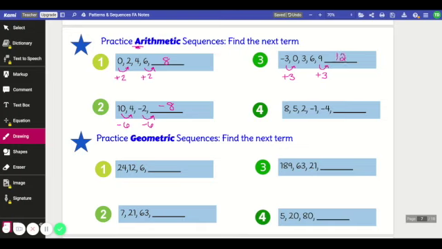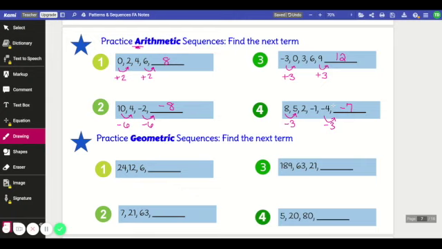The next one, number 4, it is getting smaller. So let's see, 5 minus 8, or 8 minus 5, is going to give me negative 3. So if I continue this pattern of negative 3 each time, negative 4 minus 3 is giving me negative 7.